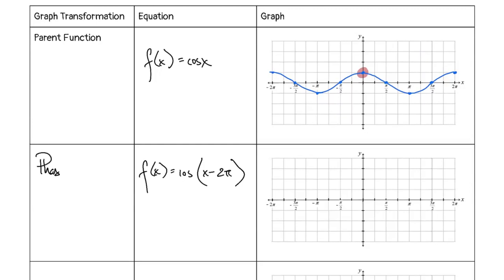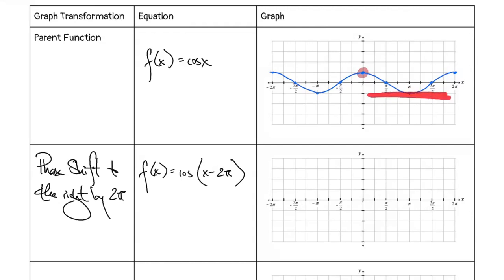Phase shift to the right by 2 pi. Great. How many boxes is that? That is going to be 8 boxes. And I believe by all of them, you mean the ones on one side of the graph, right? So now we can take this center point and it's going to move right to the very edge of that graph at 2 pi.